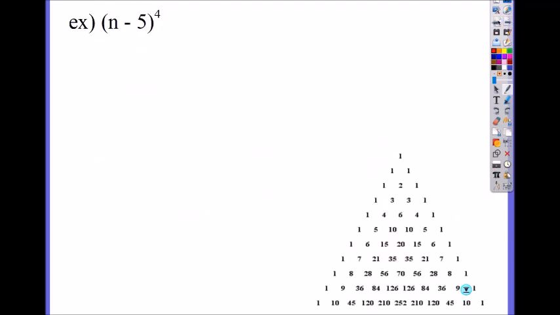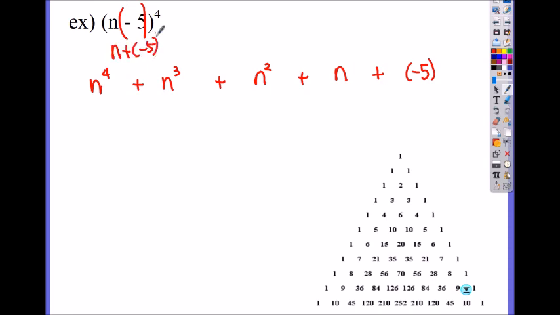Let's do one more. So the first term is n to the 4th plus n cubed, n squared, n, and nothing, or 1 actually. And now I start from what? Negative 5. Make sure you put parentheses, okay? Because it's n plus negative 5, right? To the fourth power. So 4, negative 5 to the third, negative 5 squared, negative 5 to the first power.